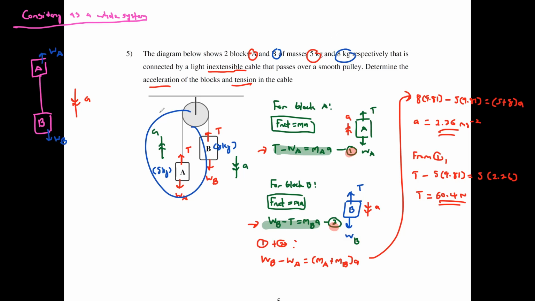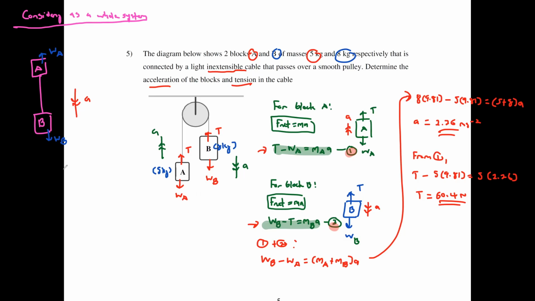Basically, what I'm doing here is that I imagine this one as being shifted outwards so that it forms a line. So in general, my direction would be going downwards. But my WA would not be acting upwards. That's why I did it like this here. Then the tension T, as before, you will notice that they are acting opposite to each other. They actually cancel each other off, so you don't really need to bother about that. So these are the only forces acting.